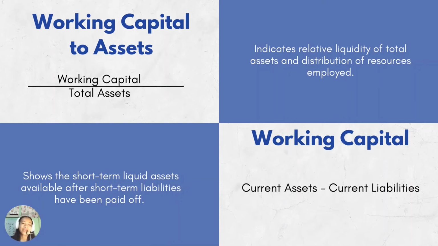For working capital to assets, it is computed by getting the working capital and dividing it by its total assets. So this indicates the relative liquidity of total assets and distribution of resources. Basically, it compares the net liquid assets to the total assets of the firm, and this determines the short-term company solvency kapag kinukuha po natin si working capital to assets.